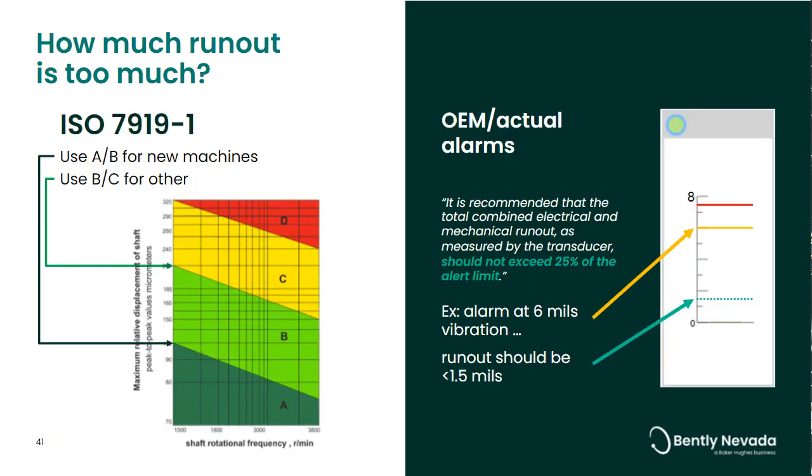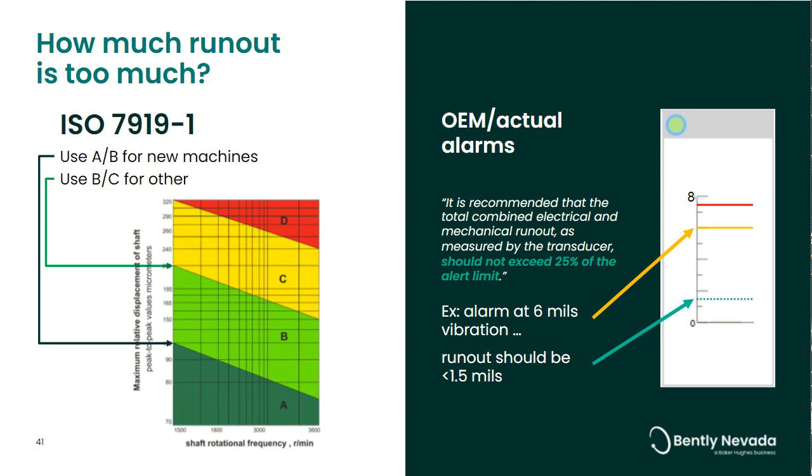So what limits do we use for that assessment? Well, in the absence of any other recommendations or specifications, ISO 7919 gives us a couple of recommendations. For new machines, generally it's specified to use the A-B boundary, the amplitude for new machines, or for older machines or machines that are in use in the field, using the B-C boundary, so from the light green to yellow, using those limits.